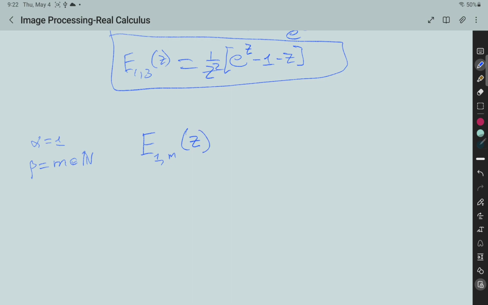So what is this function? All right, so I'm going to start with the sum, k going from 0 to infinity, z raised to the k power, and then divided by gamma of 1 times k, that's alpha times k plus beta, and beta is equal to m. So this is what I have.